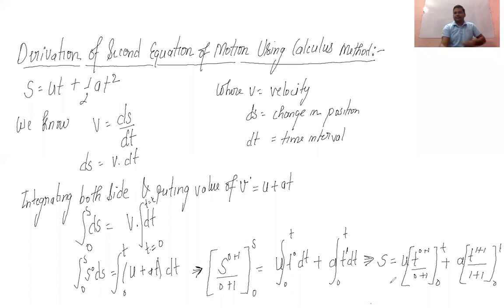Once you simplify it, you will write s is equal to ut plus 1 by 2 a t square. So this becomes the derivation of the second equation of motion.